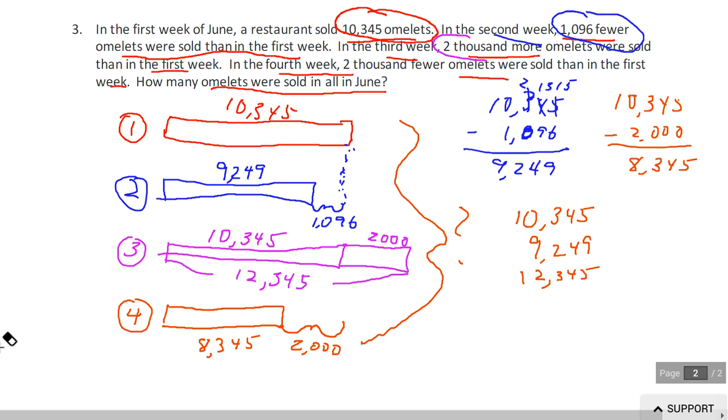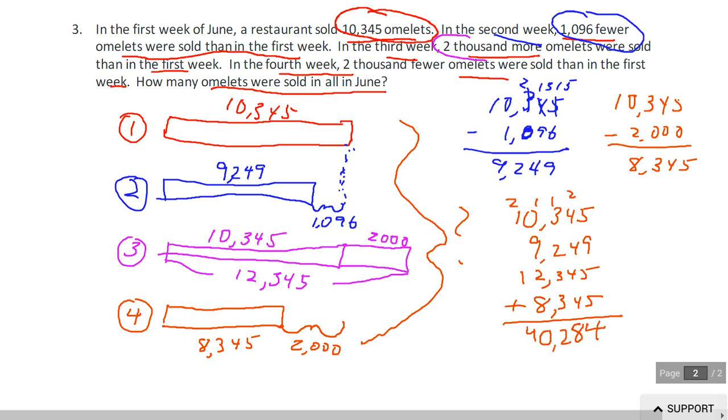The last one is 8,345. So however you want to add those up, go ahead and pause the video. And when you have figured it out, go ahead and press play.